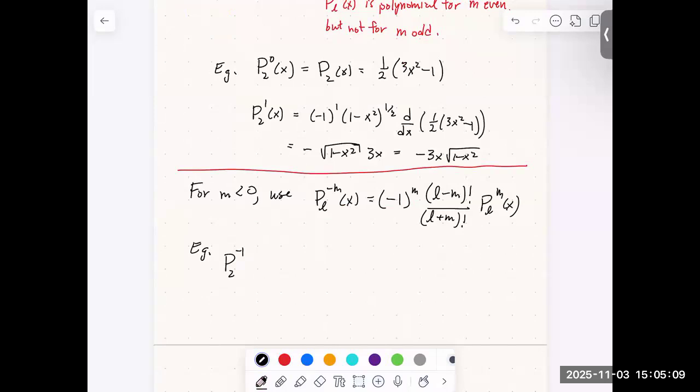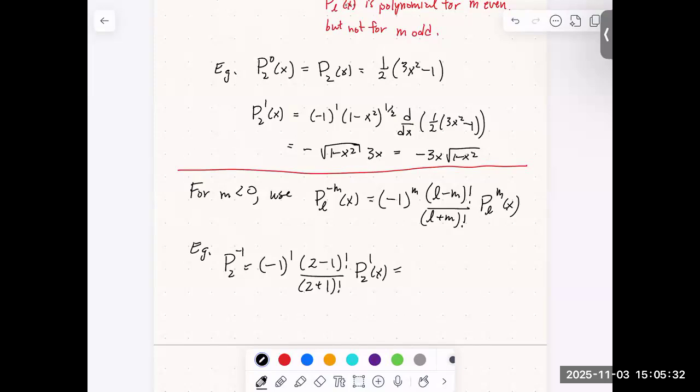So this is -1 to the 1. And then it's (L is 2 minus 1) factorial divided by (L is 2 plus 1) factorial. And then this is P 2 plus 1 of X.